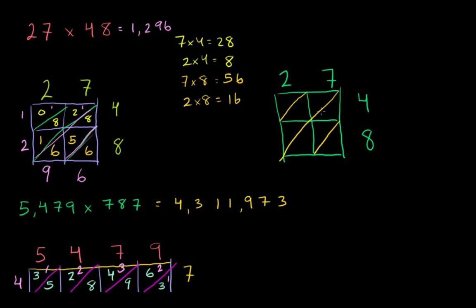Now, the way to think about it is each of these diagonals is a number place. So, for example, this diagonal right here, that is the ones place. The next diagonal, I'll do it in this light green color, that is the tens place. Now the next diagonal to the left or above that, I'll do this little pink color right here.